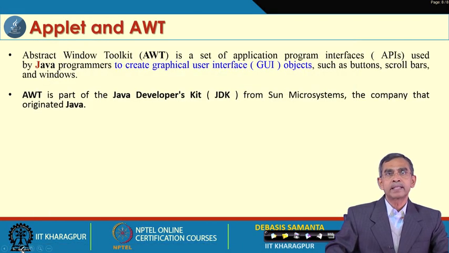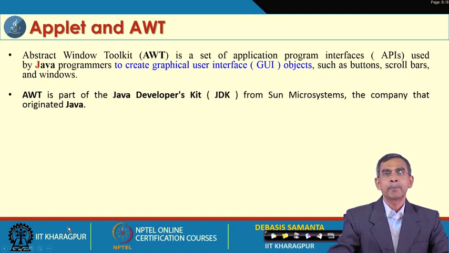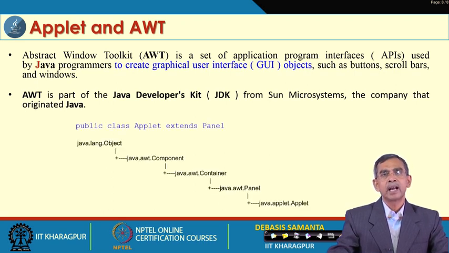Okay, so applet versus AWT, as we have discussed, I hope our understanding is clear. Now, AWT, whether it is free or not: it is a part of the APIs. Whenever you install the JDK, the AWT package is automatically installed as part of the installation.